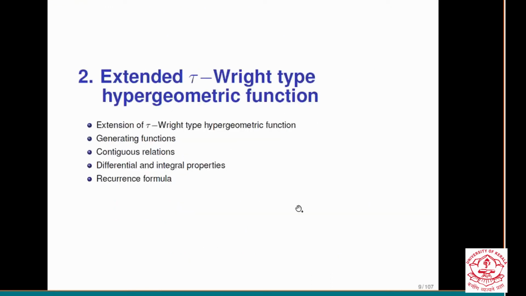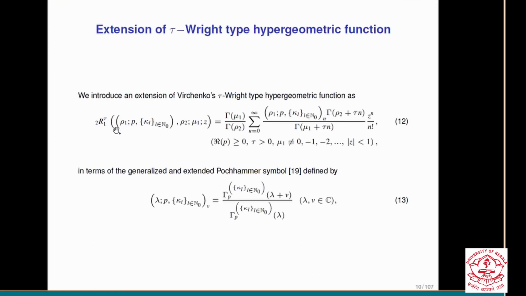Now we will discuss some extended tau type hypergeometric functions. Here, in the tau type hypergeometric function, this is the first extension of the tau right type hypergeometric function. We obtain the generating relation, continuity relation, differential and integral properties, and the difference formula. So here we introduced an extension of the Bessel-Clifford type hypergeometric function as this.